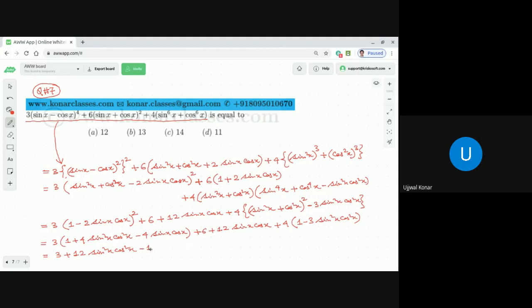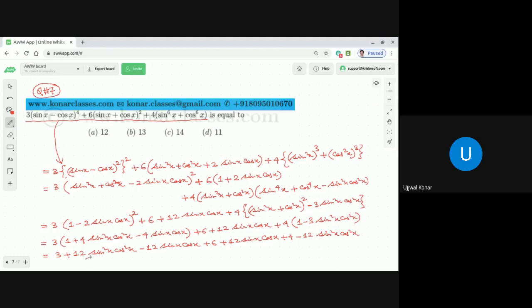minus 12 sin x cos x plus 6 plus 12 sin x cos x plus 4 minus 12 sin square x cos square x.